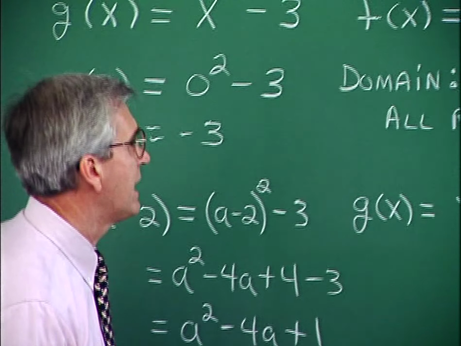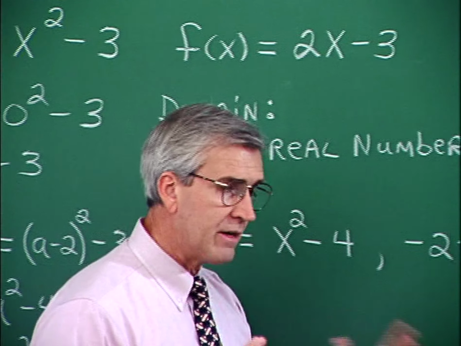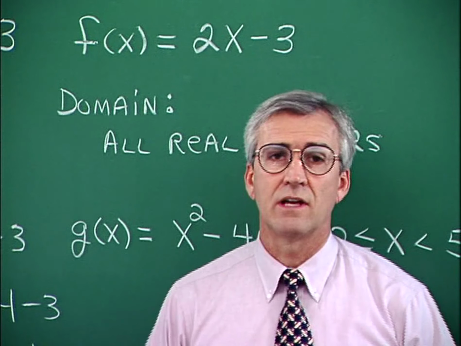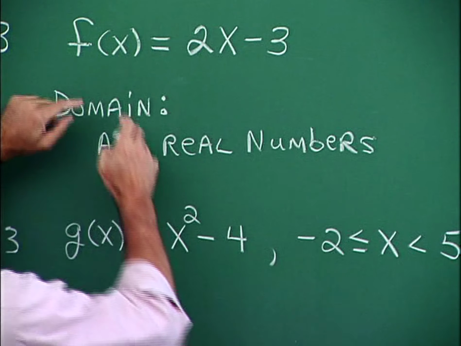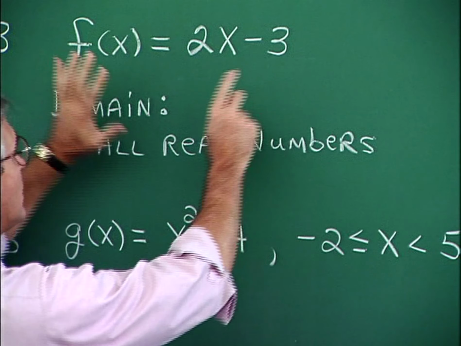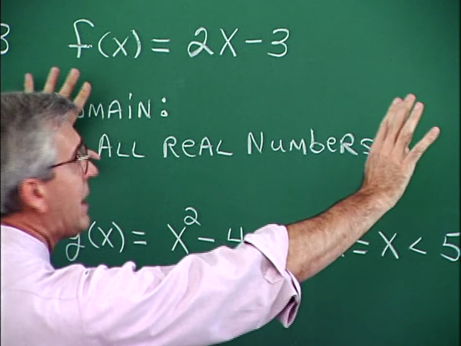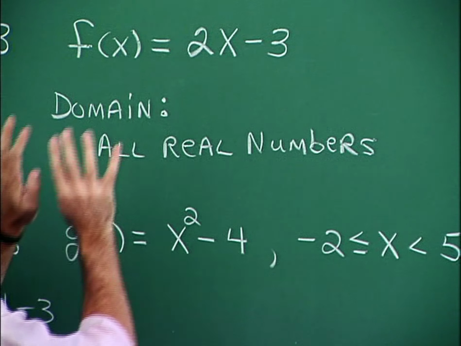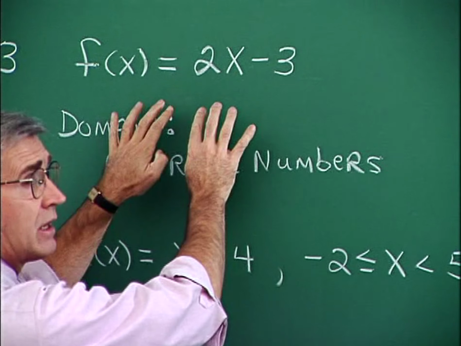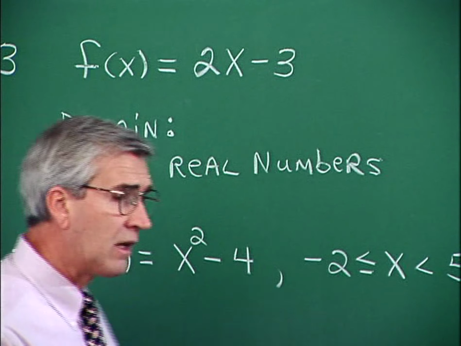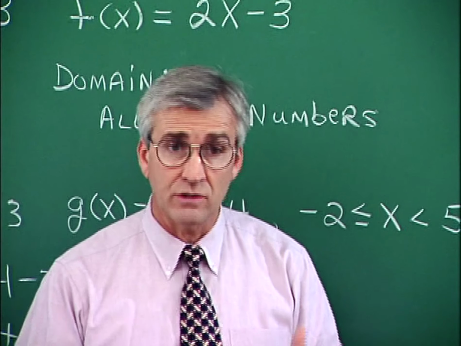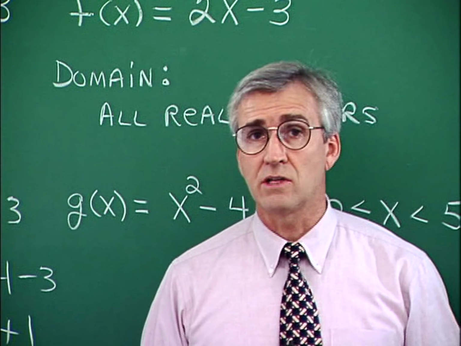Let's talk about domain and range. Sometimes we need to identify those two sets. And let's talk domain first. Sometimes when a function is just given like this with no description of a domain, then the domain is implied by the nature of the equation. And you can think algebraically that domain means the acceptable replacements for x.